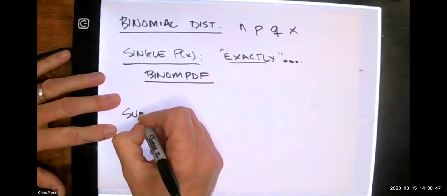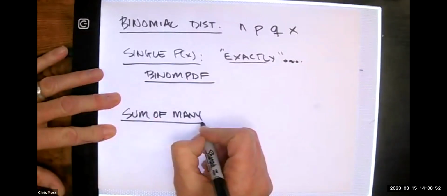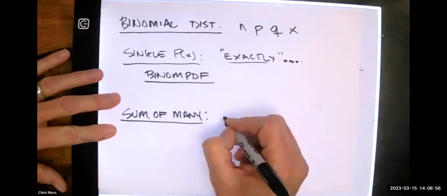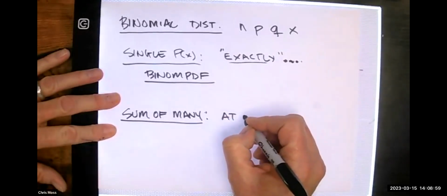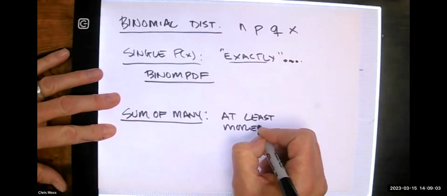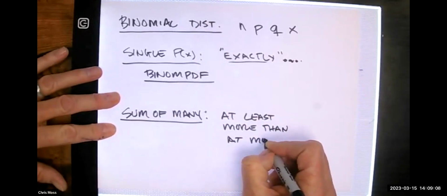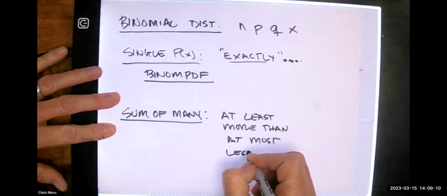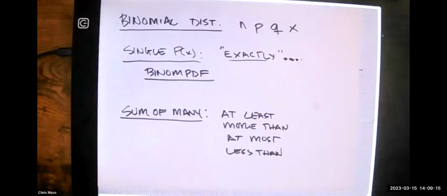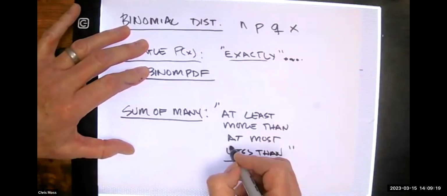And then we have the sum of many, and they can be used with at least, more than, at most, and less than. There's a number of ways to speak of these. I'll put them in a group.